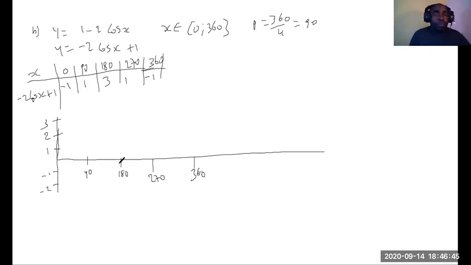Now at 0, I've got negative 1. 90, I've got 1. 180, I've got a 3. 270, I've got 1.